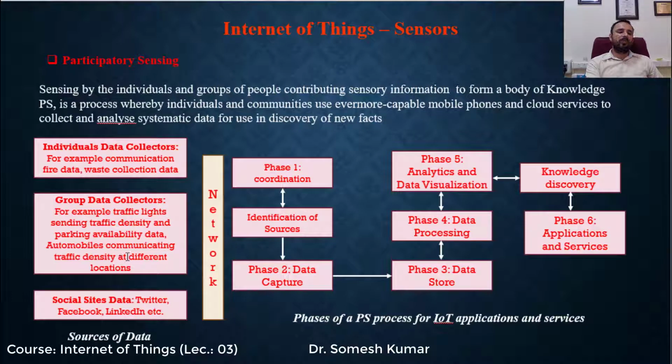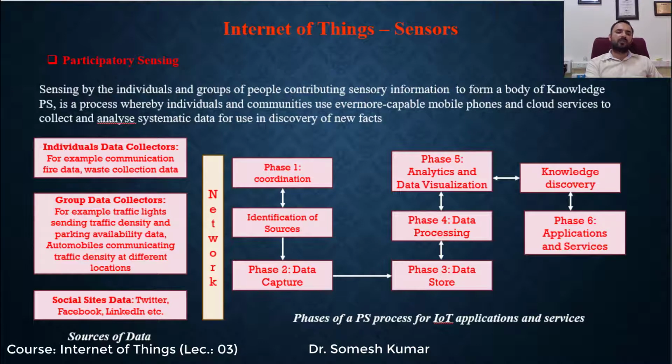The second is group data, for example traffic lights sending traffic density, parking availability, and automobiles communicating traffic density at different locations. Group data means sensors give a group of information. The third is social site data, like data from Twitter, Facebook, and other social sites.